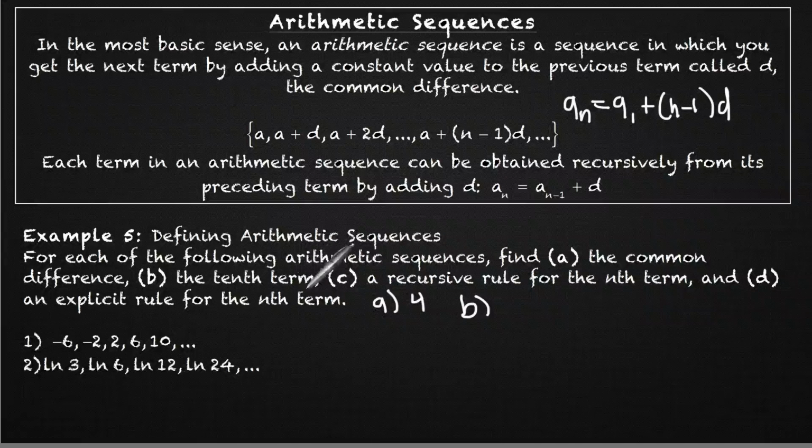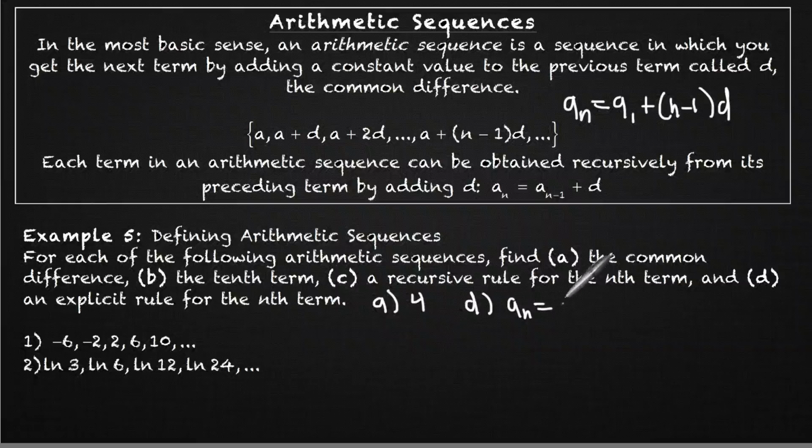All right, B, what is the 10th term? Well, tell you what, we're going to go out of order here. We're going to write an explicit rule for the nth term, and then that way we'll just be able to plug in 10 into that. So we're going to use our little formula, a sub n. So actually, let's make this letter D. So a sub n is equal to the first term in my list.